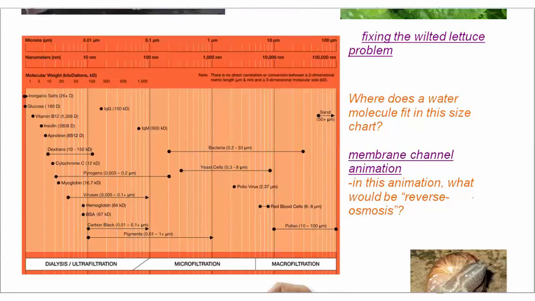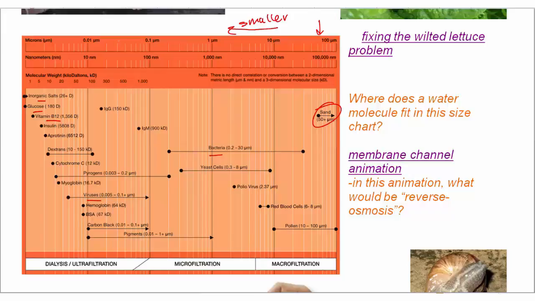Now, to understand what's coming up here, we need to have an idea of just how big a water molecule is. If you have a strand of hair, that's around 70 microns or so, pretty much the same as sand particles. And if you go smaller, you can get bacteria and viruses and vitamins, sugar, salts.